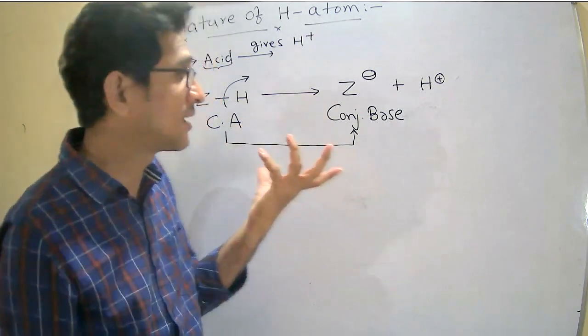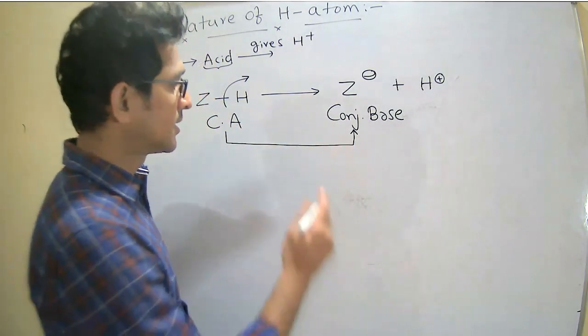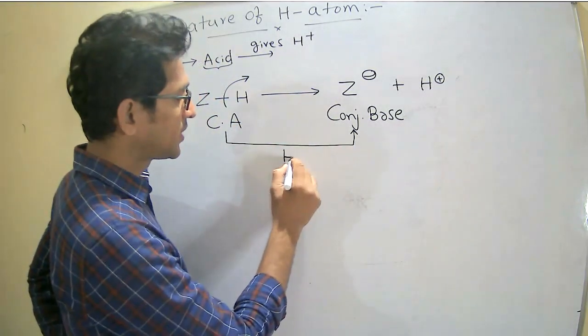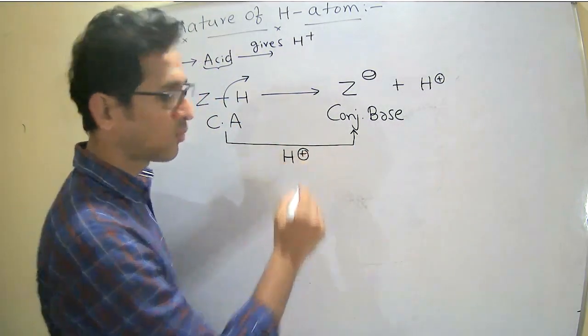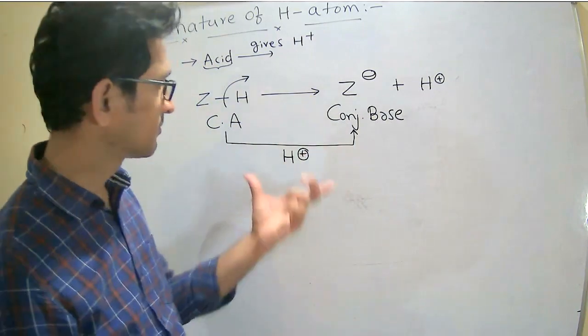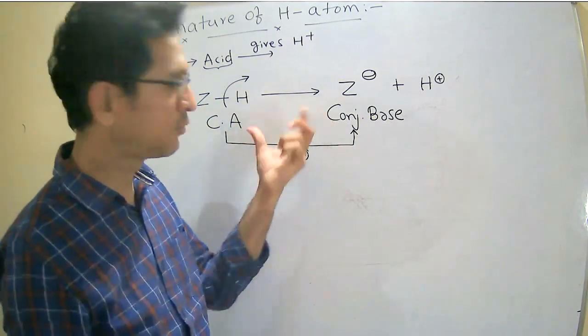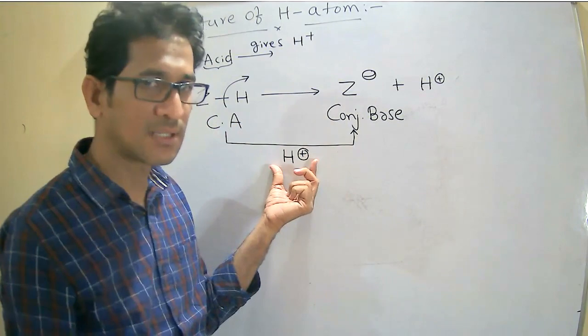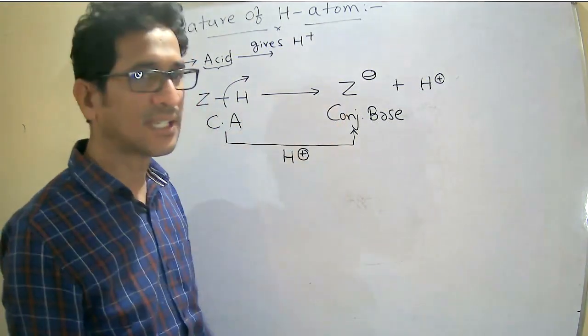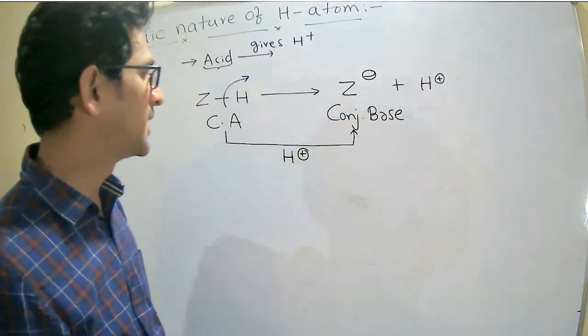Which is called the conjugate acid base pair? The acid base pair which differs by one H plus ion is called the conjugate acid base pair.